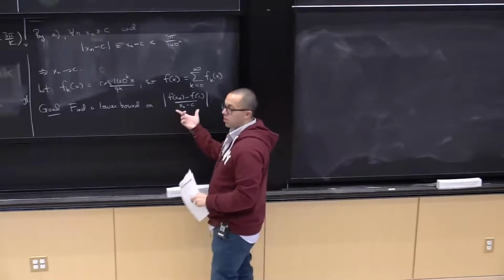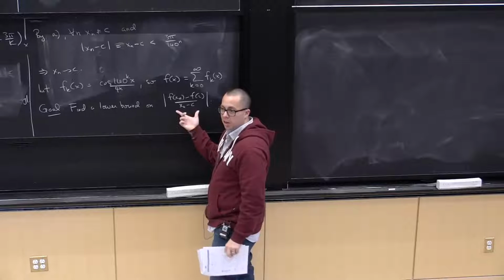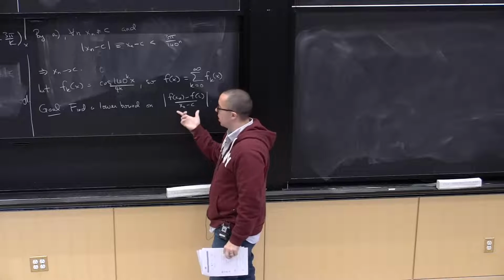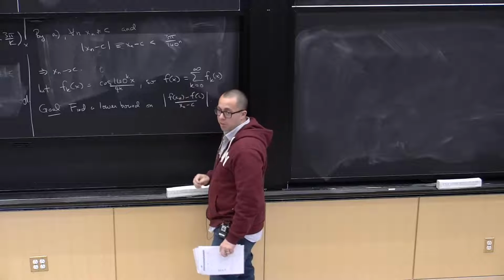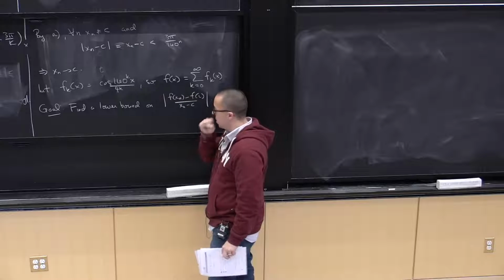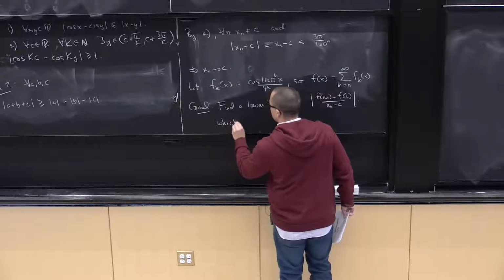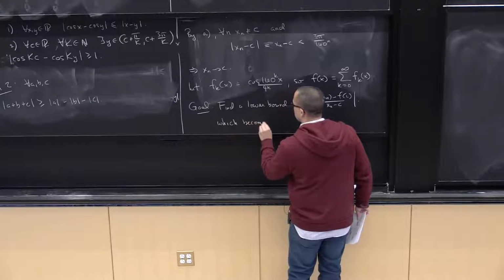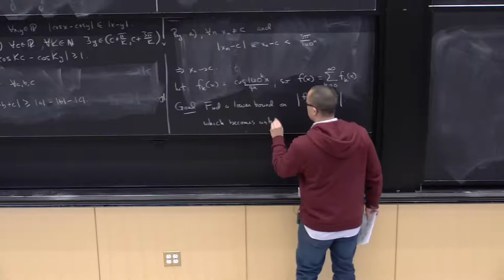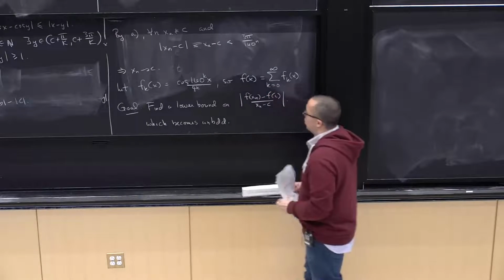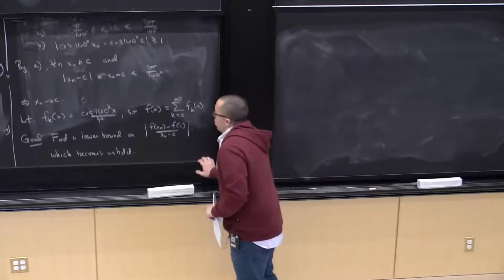If I can find a lower bound on this absolute value, which is as large as I wish, then that proves that this sequence is unbounded, and I'm done. Okay?